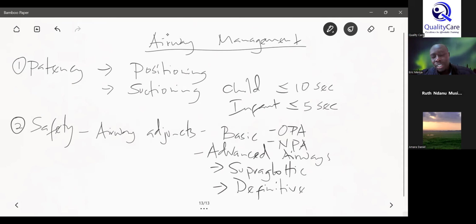So definitive airway devices or advanced airway devices, we are saying we want to insert them in patients who require an isolation of the airway. So patients who require assisted ventilation, we need to isolate the airway. Patients who are at risk of aspiration, those patients who don't have intact reflexes. So the unconscious patient with a GCS less than 8 possibly requires an advanced airway.